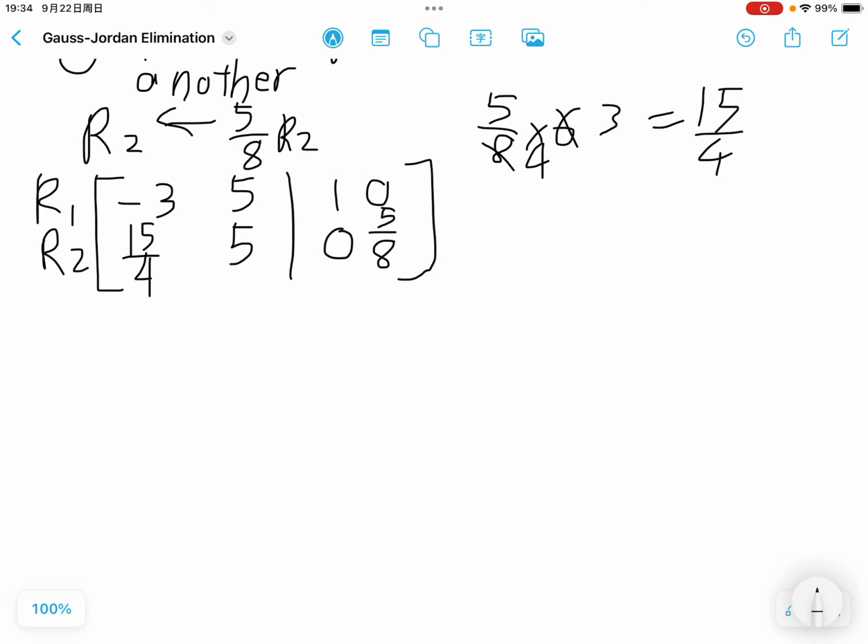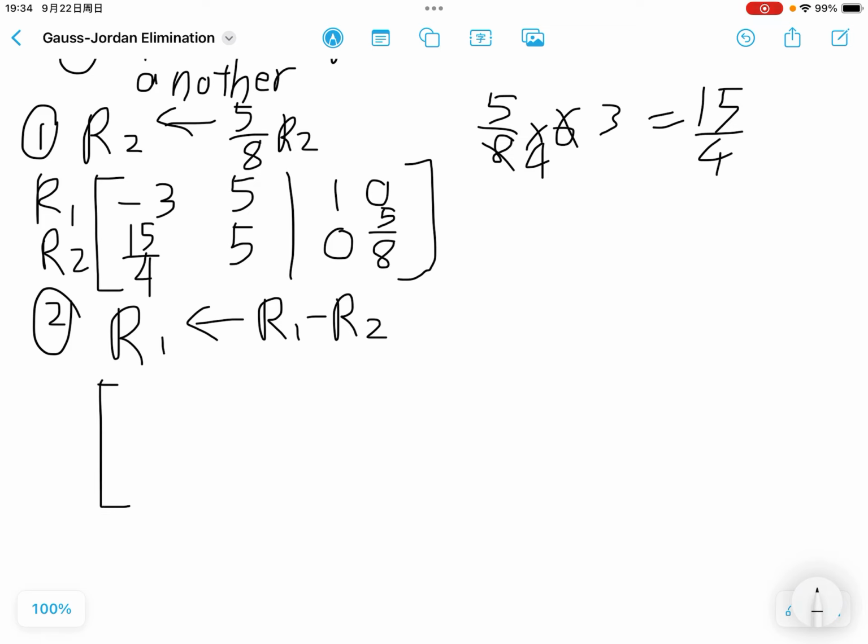So that's step number 1. Step number 2 is that we want to subtract row 2 from row 1. This means that we want to replace row 1 with the original row 1 minus the original row 2. So row 1 is negative 3 minus 15 over 4, which is negative 27 over 4.